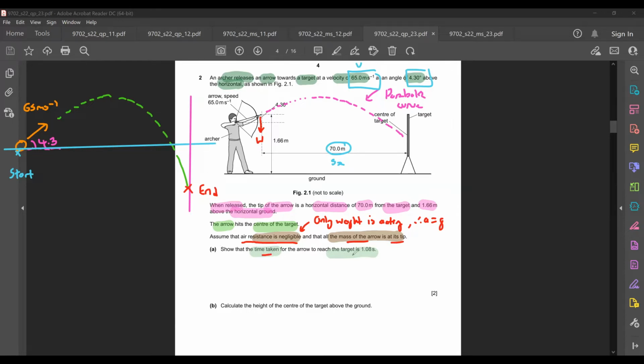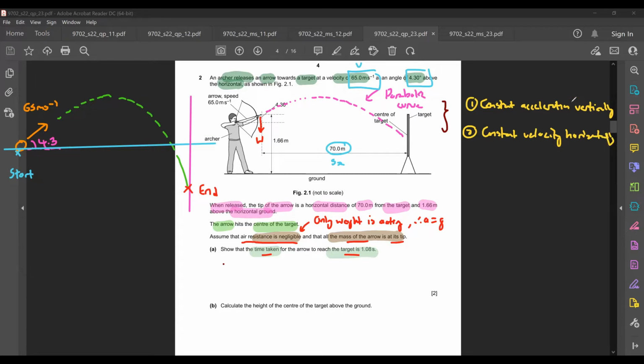Find out the time taken for the arrow to reach. Show that the time taken for the arrow to reach the target is 1.08 seconds. You can actually just calculate it from considering the horizontal motion only. Remember, when it comes to projectile motion, we always mention this to you: constant acceleration vertically, and then constant velocity horizontally.